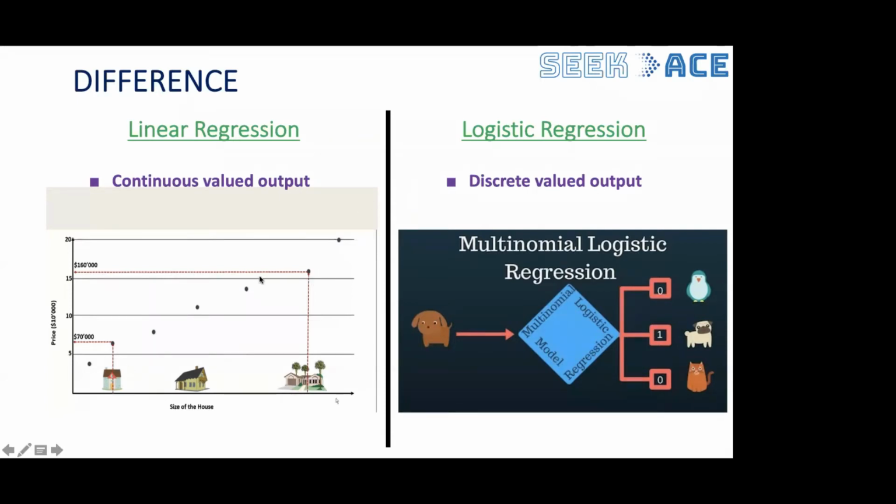A line can go in both directions. Of course there will be no negative value, but the line can go beyond, and you can find the price of a bigger house; that will be continuous.